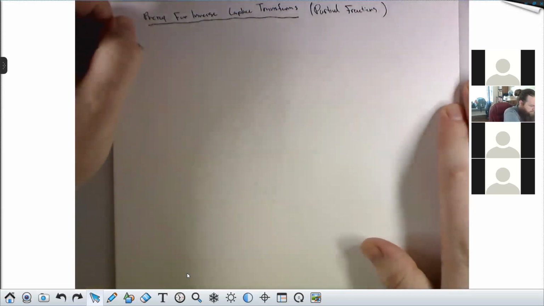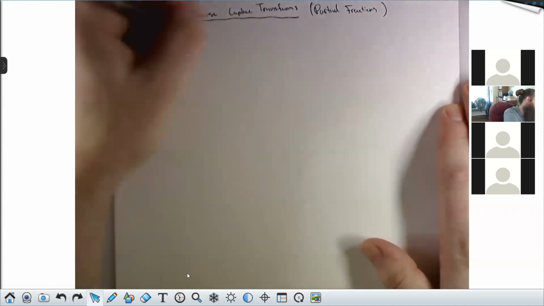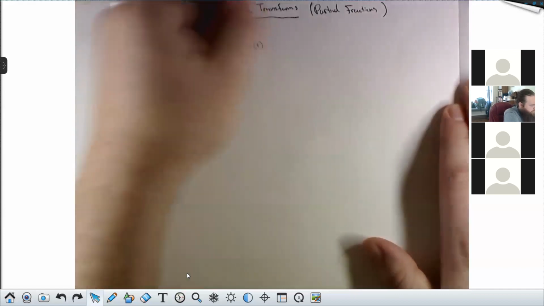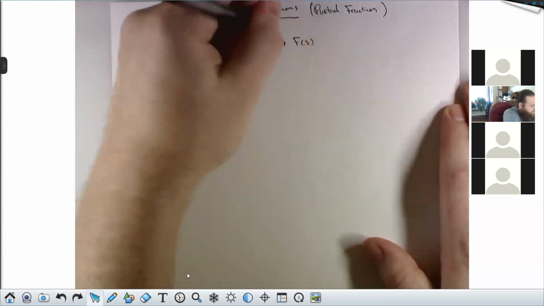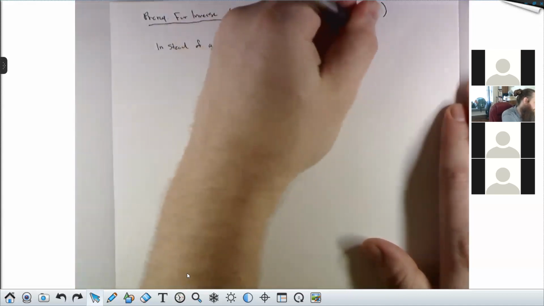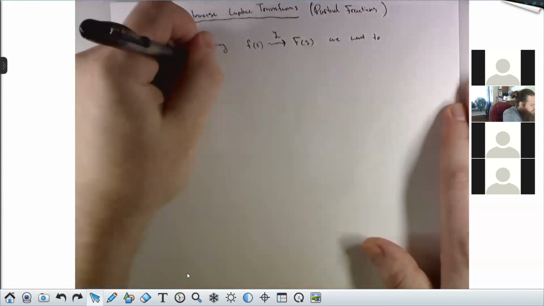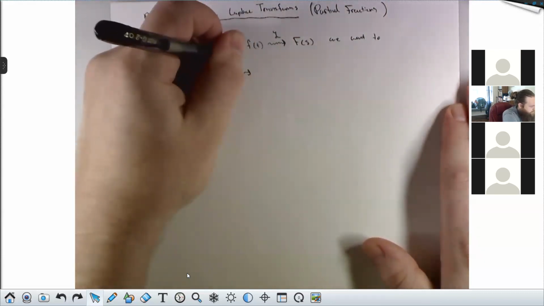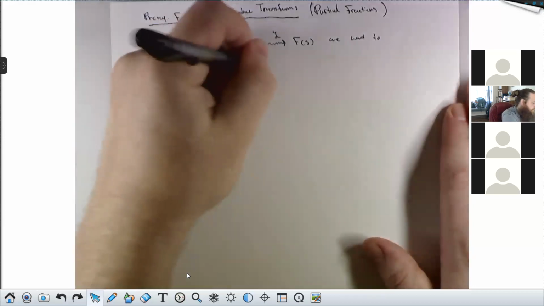So instead of going from f of t to big F of s via the Laplace transform, we want to go from F of s backwards, and this is called the inverse Laplace transform, to little f of t.